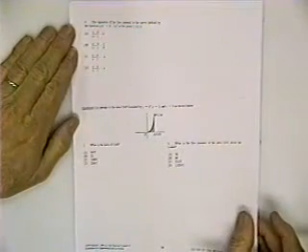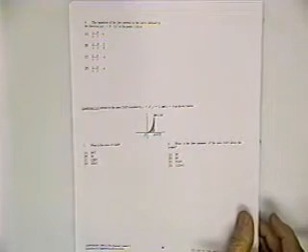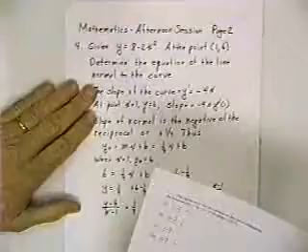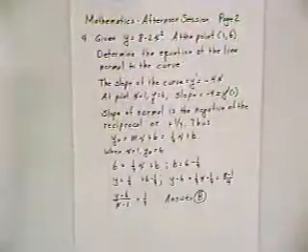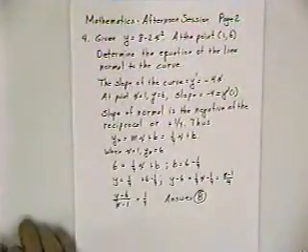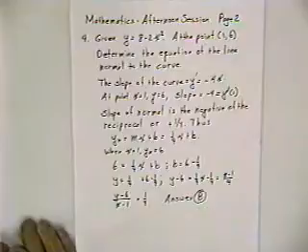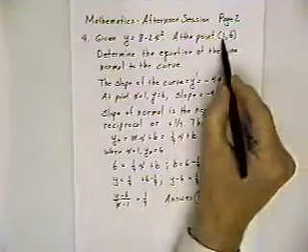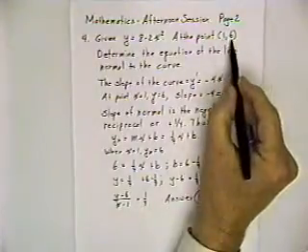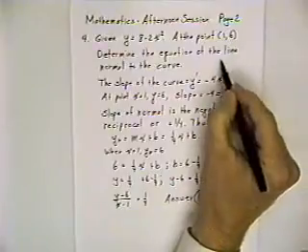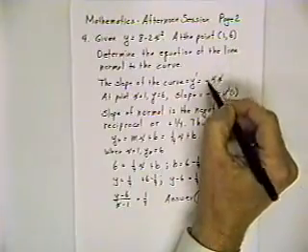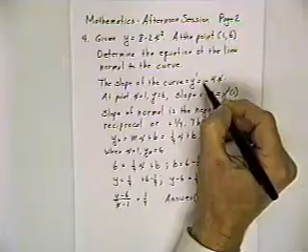The next page that you had in the assignment of the problems looks like this, and I'm going to go to my bigger solutions to actually work through it. You're given an equation, y is equal to 8 minus 2x squared, and at the point x equal 1, y equals 6, you're determining the equation of the line normal to that curve.